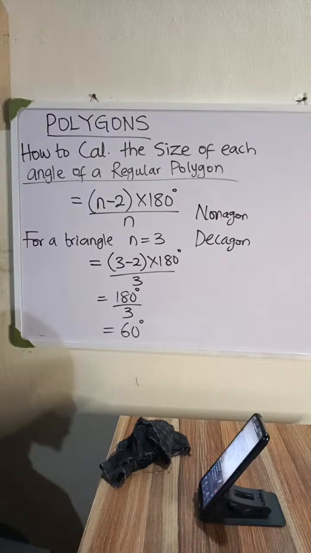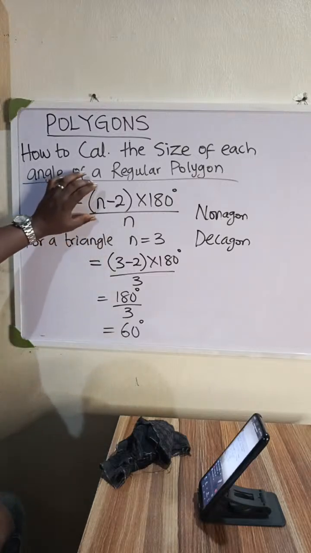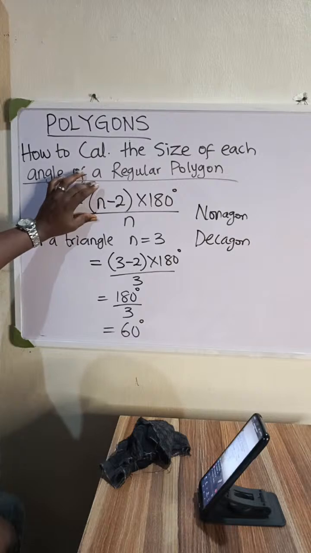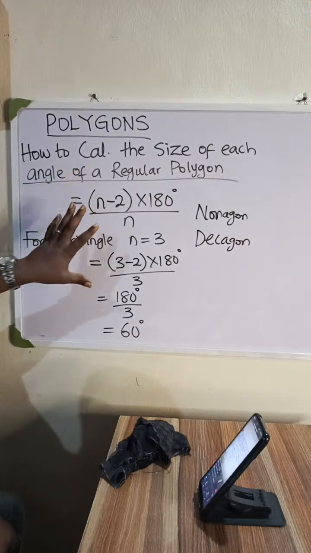Everybody's saying 144. Okay, so 144, correct. Good. So this is a simple way to calculate the size of each angle of a regular polygon.